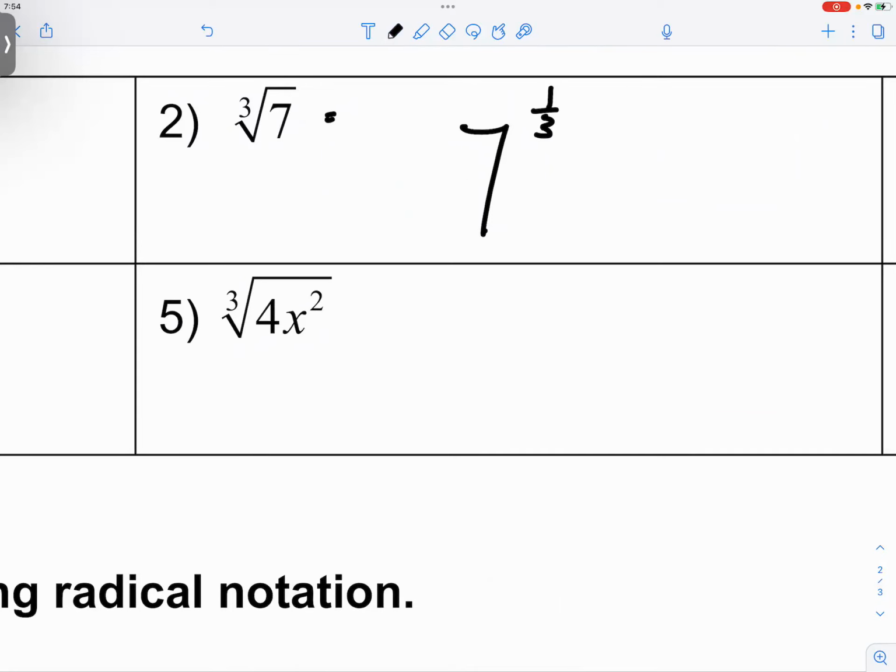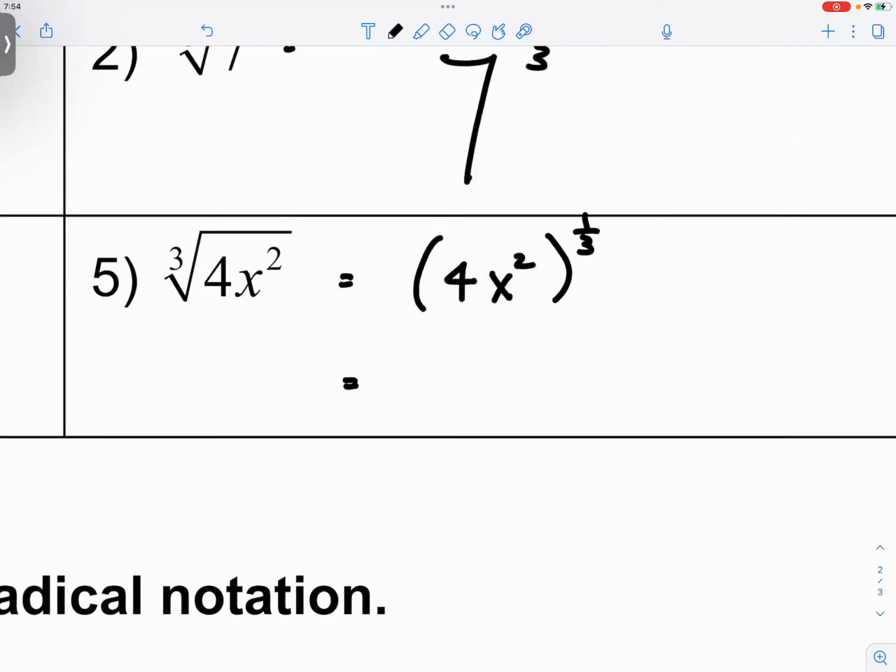All right. Now, what about this one right here? Now, you may simply do this. You may, but there's a better way to make things a little bit simpler. Do you know how?